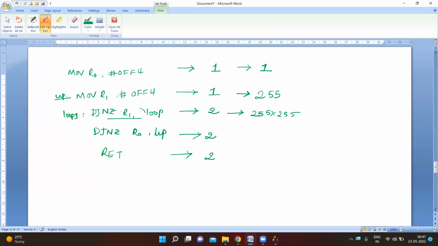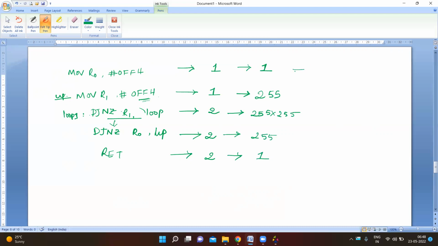Decrement R1, if it is not equal to 0, jump again. Like this, the count should become 0, and only then will the next instruction be executed. Then R0 is decremented, and if it is not equal to 0, it jumps again. Again R1 is loaded with 0FFH, and R1 again executes 255 times. So this instruction executes 255 multiplied by 255 times, whereas this instruction executes only 255 times because it is the outer loop, and this instruction executes only once.